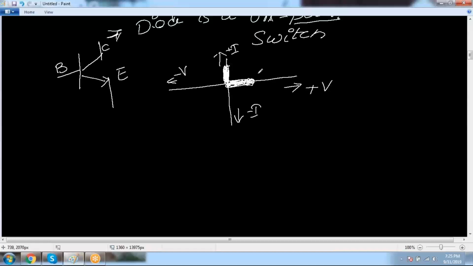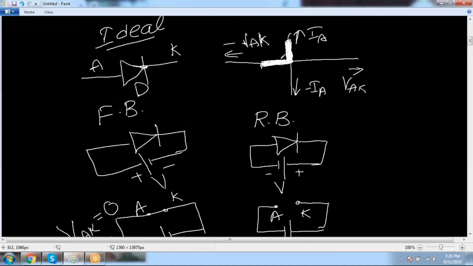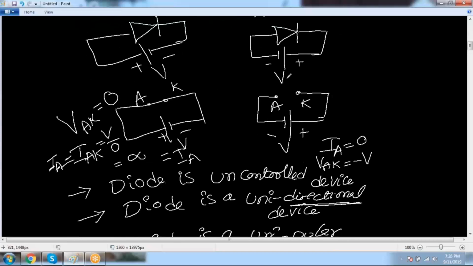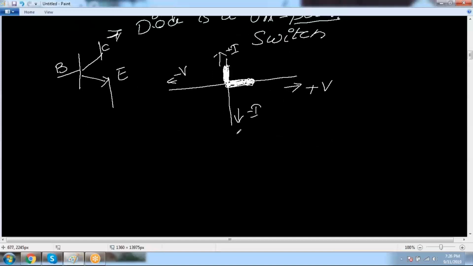Then what is the difference between diode and BJT? Same y-axis. Here it is blocking negative voltage, but what is it blocking? It is blocking positive voltage. But BJT, what is this device?